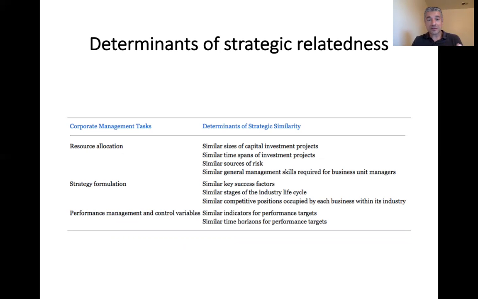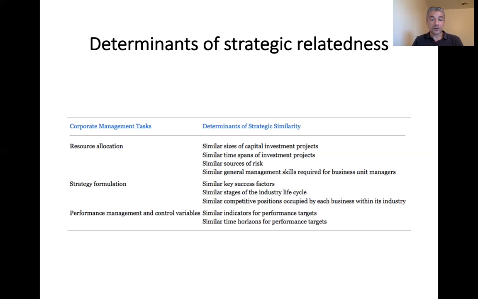Similar time spans, right? If you use projects that take about 2 years to complete, you do not necessarily want to go into a business where investment projects have a 10-year horizon. That is something where you don't have the know-how. Where it's similar sources of risk, so that you understand those sources and can hedge against them.